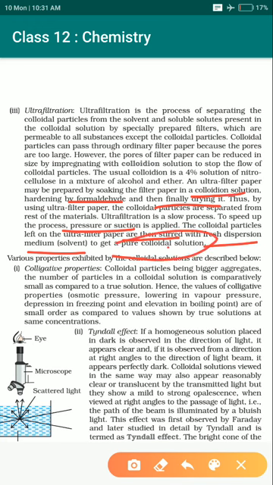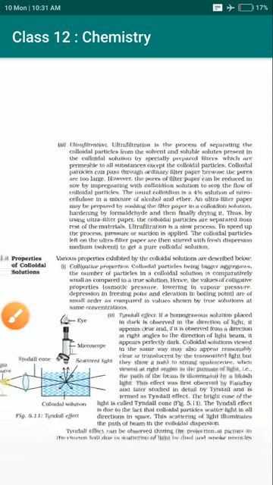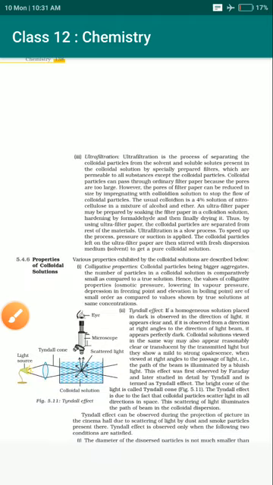When the ultra filter paper is stirred with this dispersion medium, a pure colloidal solution will be obtained. This is how you can obtain pure colloidal solution.